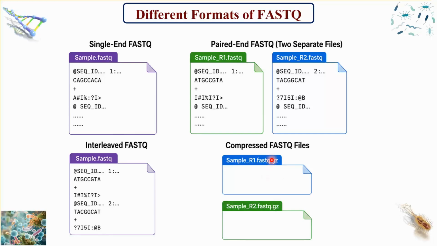You may also see .fq.gz, which is just a shorter form, and occasionally .fastq.bz2, which uses a different compression method but is less common. The important point is, even though the file is compressed, the internal structure is still FASTQ format. Most tools like FastQC, BWA and Bowtie2 can read compressed FASTQ files directly.